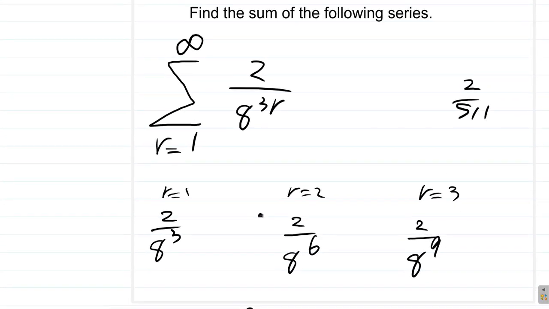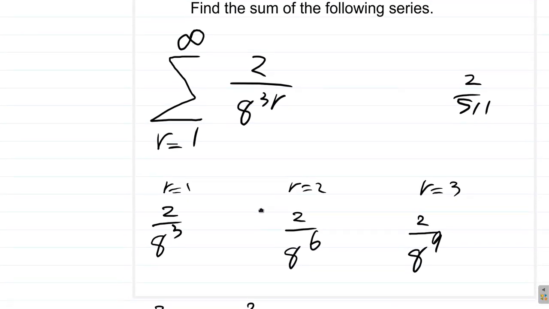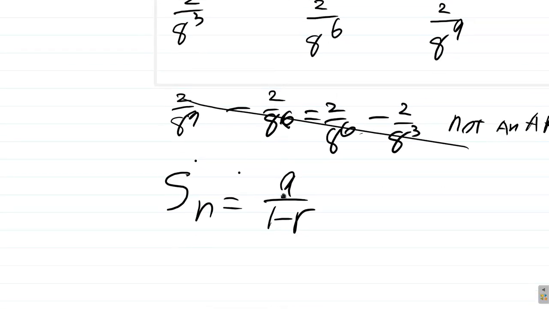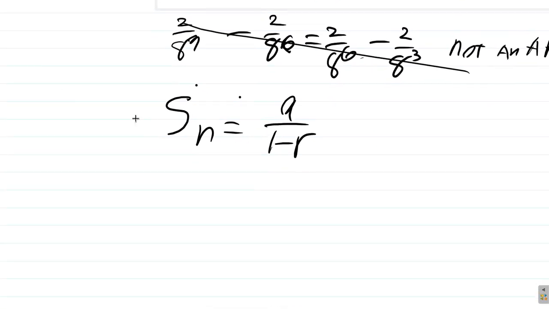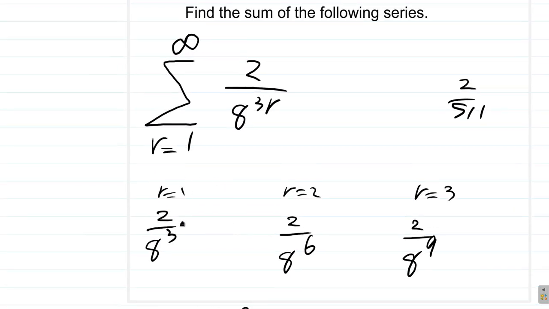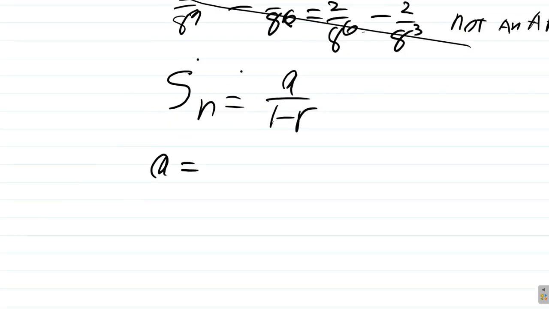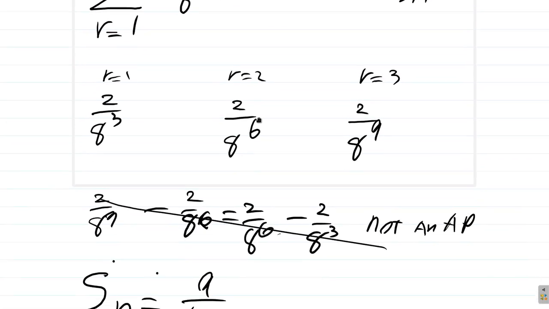Now, you need to know a and r. What is a? a would be the first term, when r is 1, so it's 2 over 8 to the power of 3. What is r? r would be this term divided by the term before it.